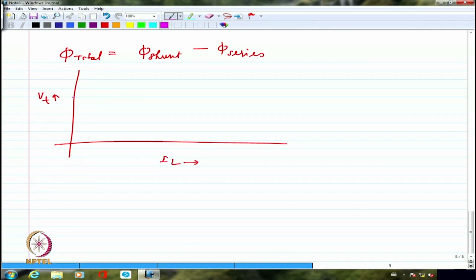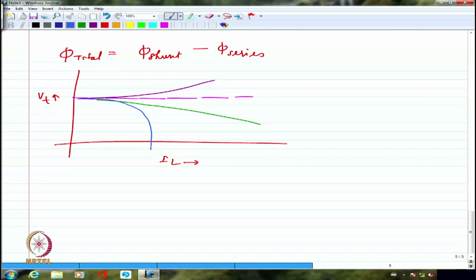For level compounded, I draw it like this. For over compounded, like this. For under compounded, maybe like this. And for a differentially compounded DC generator, literally it will reach zero voltage when I load it to the fullest extent. So this is differential.